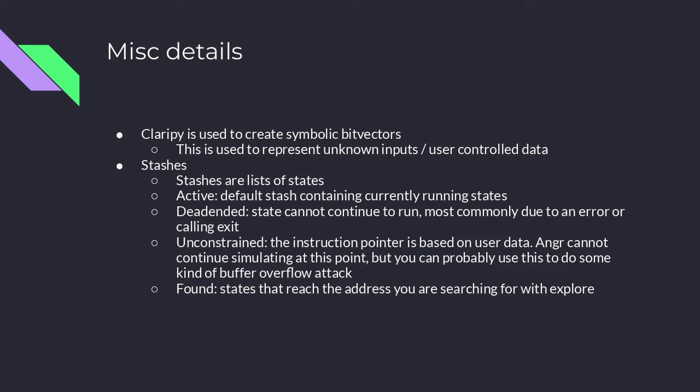You gotta be careful with those. Finally, there'll be a set of found states, which are states that reach what you were looking for. These are the ones you're most likely to want to look at. Obviously, you can get from any unconstrained state to any found state, so if there is an unconstrained state, you should pay attention to that as well. It's probably good practice to always print those out at the end, because those are scary.